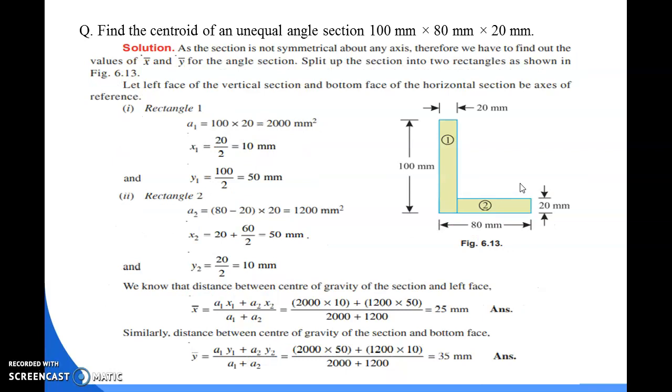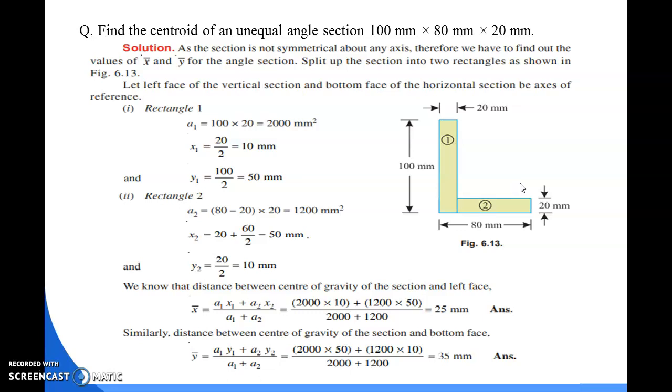Now we have to solve another problem. So here is the problem. Where we have to find out the centroid or the center of gravity of an unequal angle section which dimension is given as 100 mm into 80 mm into 20 mm.